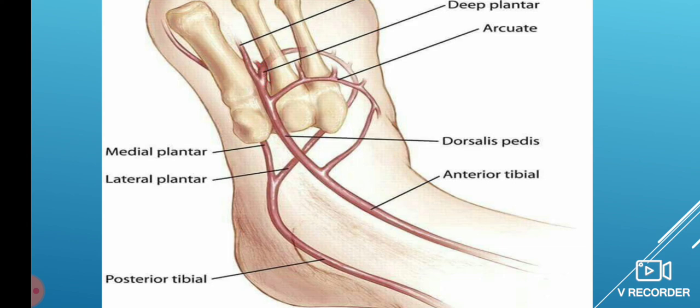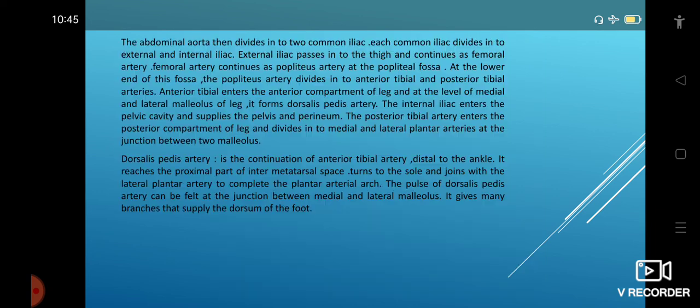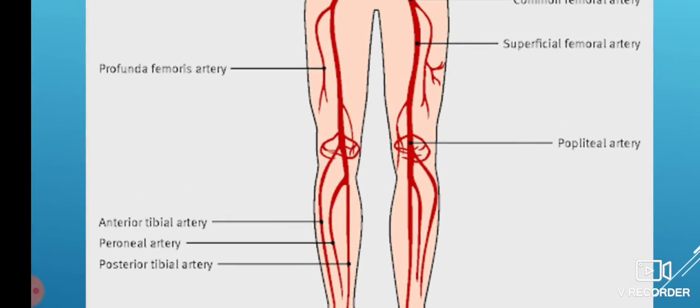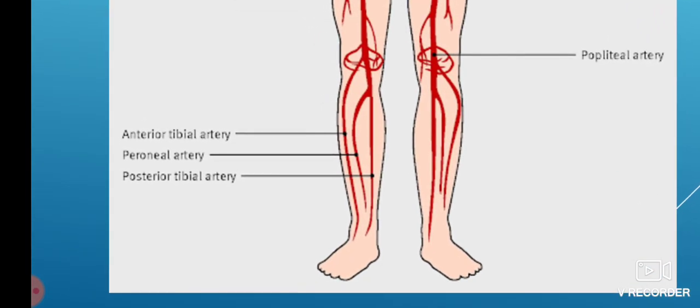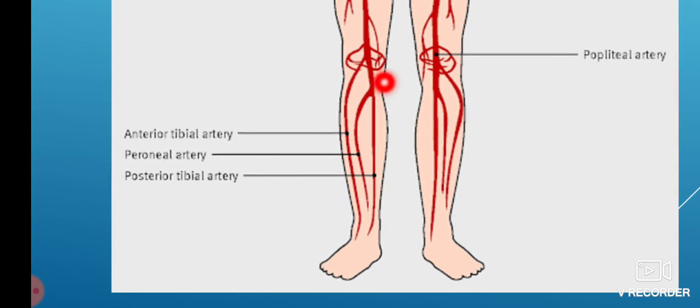By the same time, our posterior tibial artery was there. The posterior tibial artery continues down through the posterior surface of the leg. The structure which can pass through the posterior surface of the leg can obviously reach the under surface of the foot. So the posterior tibial artery comes down and reaches the ankle.